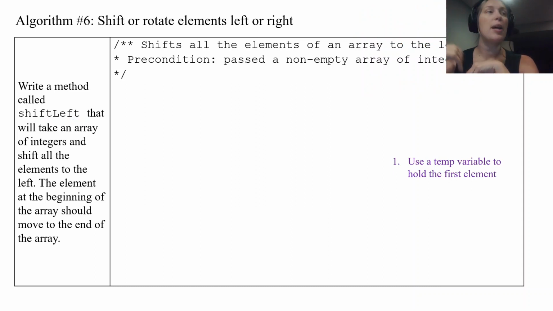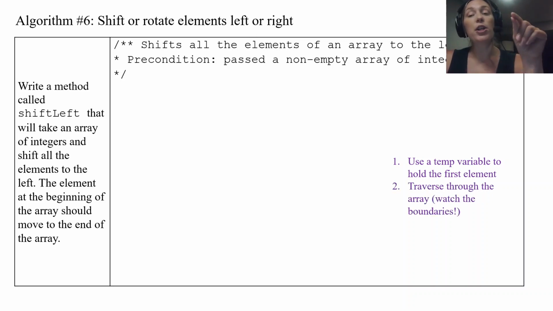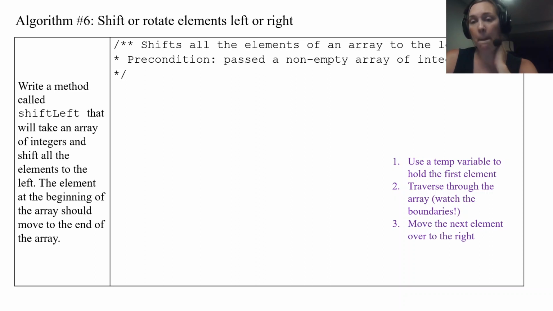So here's the steps for our algorithm. We're going to use a temp variable to hold the first element. That's going to be step 1 in our method. Then we're going to traverse through the array, and we're going to watch the boundaries on this. I'll show you why. We're going to traverse through the array, and we're going to move the next element over.